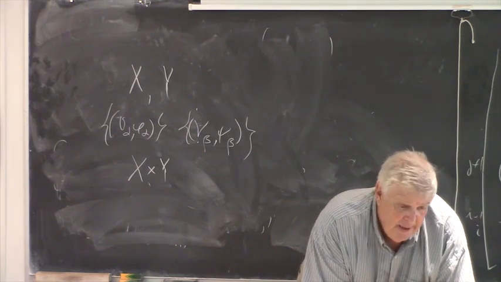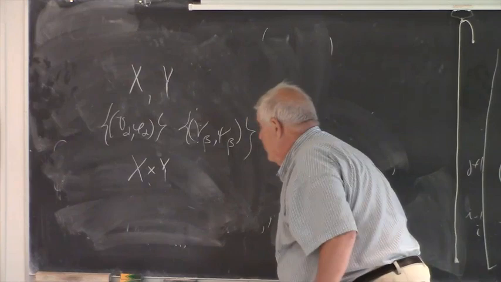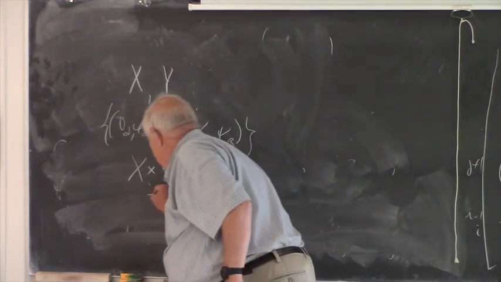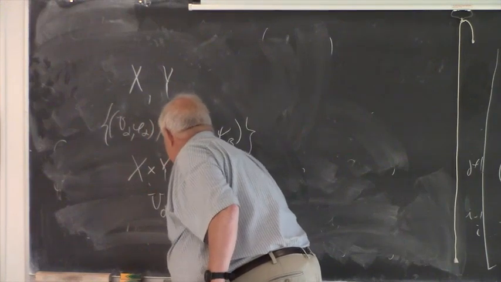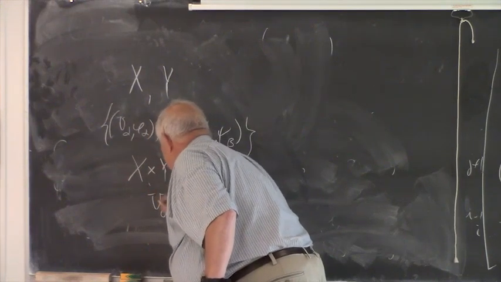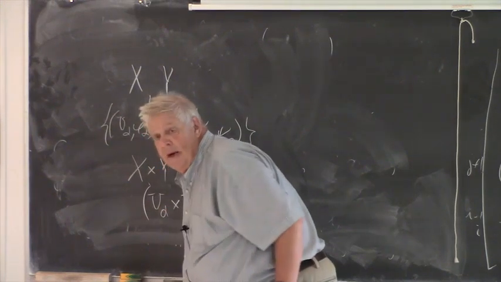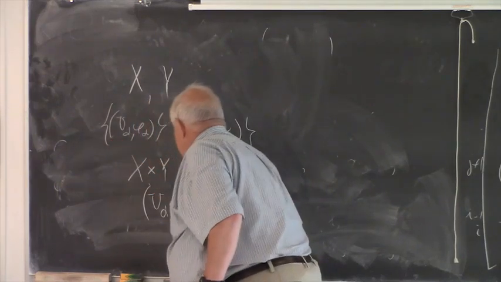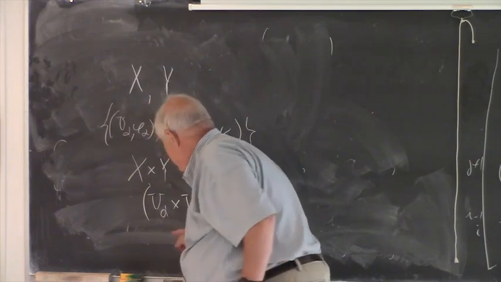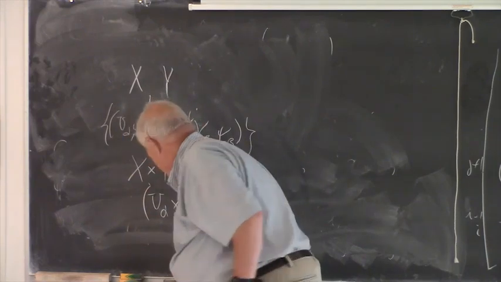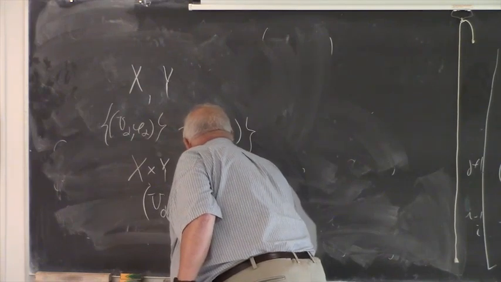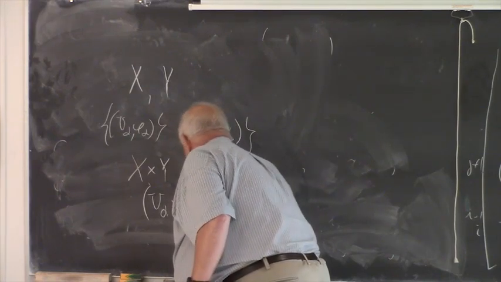And now it is very possible to arrange an atlas for this. Namely, to take U alpha times V beta. It is an open set, where this is in space, say, R^n, this is in the space R^m, this will be in the space R^(n+m). Phi alpha, psi beta.